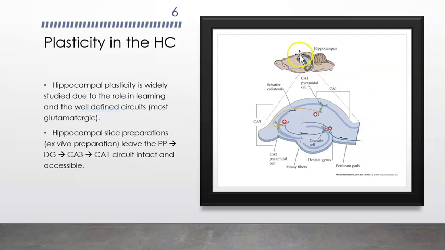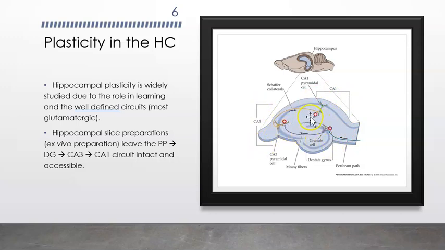So here's your hippocampus in a rat. This is what it looks like. Okay. Hippocampal plasticity is widely studied because there's so many circuits that we know a lot about. We know the CA1, which has those pyramidal cells. We know CA3.